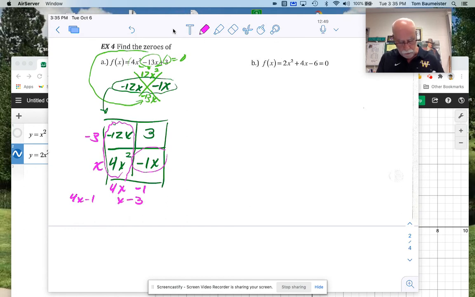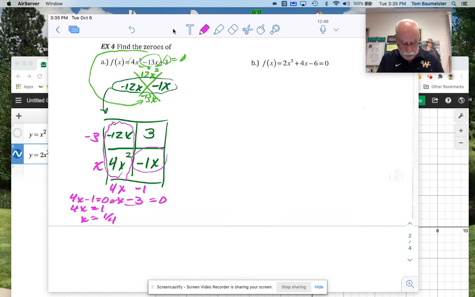And remember, we're going to use the zero product property, so we're going to say that 4x minus 1 is equal to 0, or x minus 3 is equal to 0. And again, just solve. So on this one here, I can take the 1, bring that one over, and now I can divide by 4, and I'll get x is equal to 1/4.